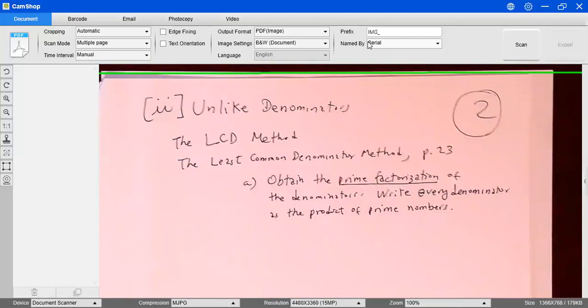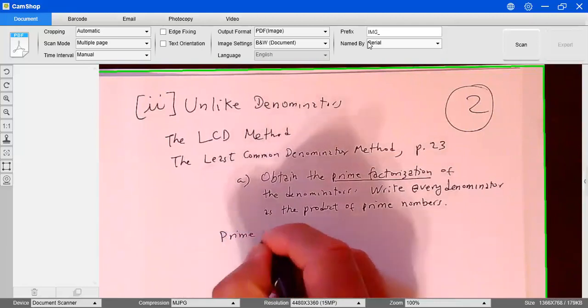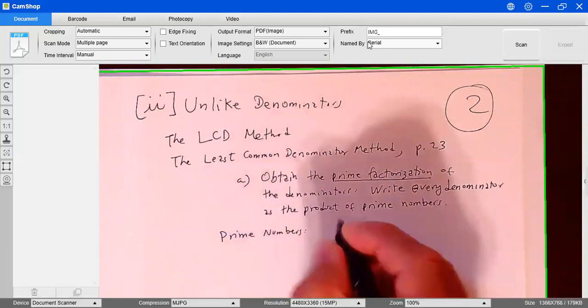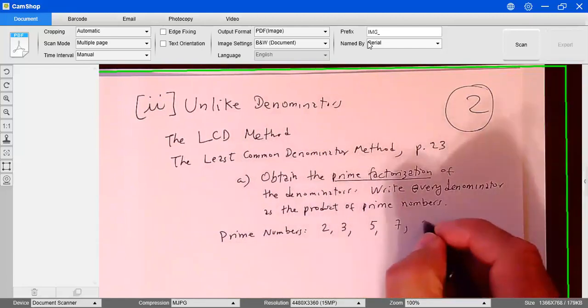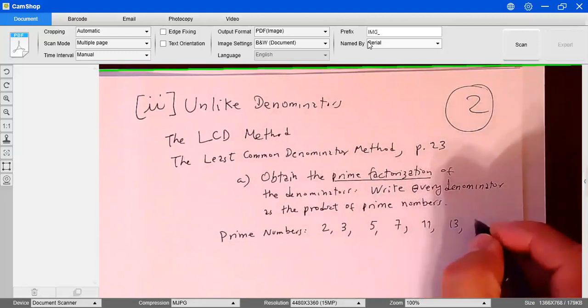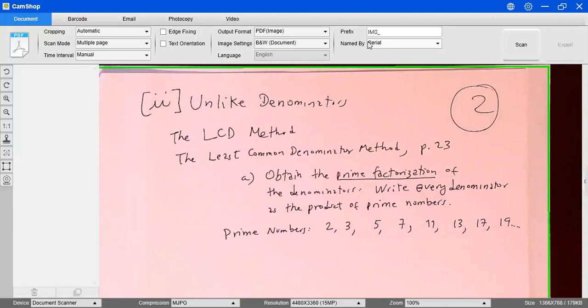So that's the prime factorization. What are the prime numbers? If you don't remember, the prime numbers are just 2, 3, 5, 7, 11, 13, 17, 19, and an infinite number of numbers that you can just divide by itself or by 1 to get an integer. These numbers don't have other factors than themselves and 1.